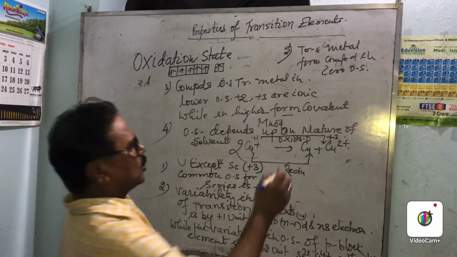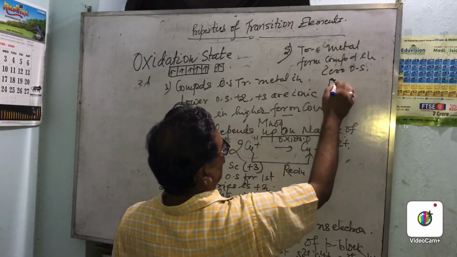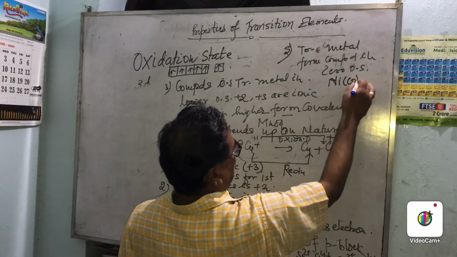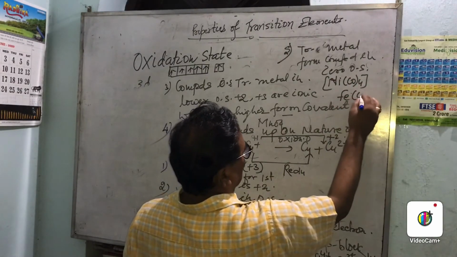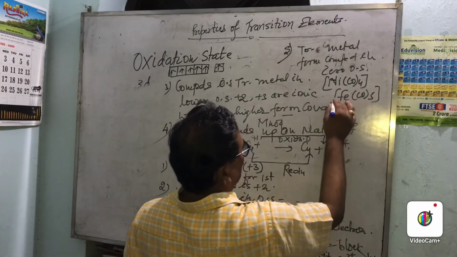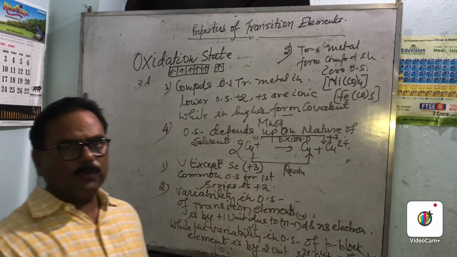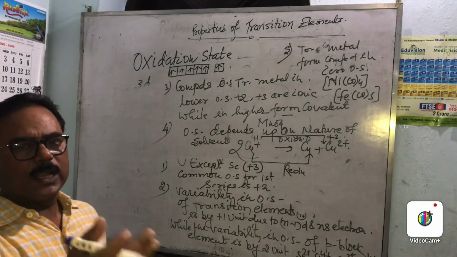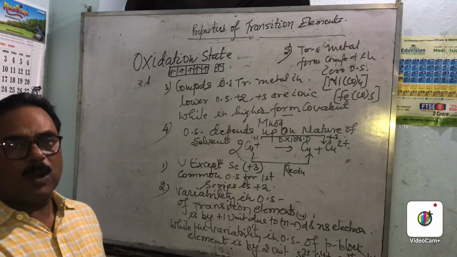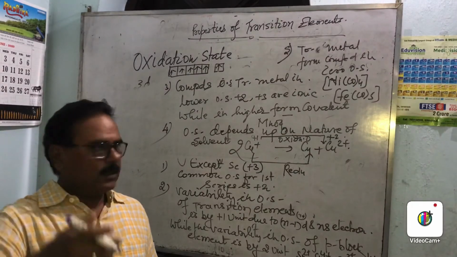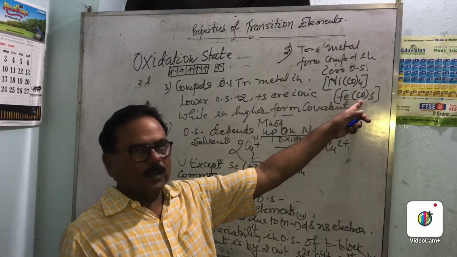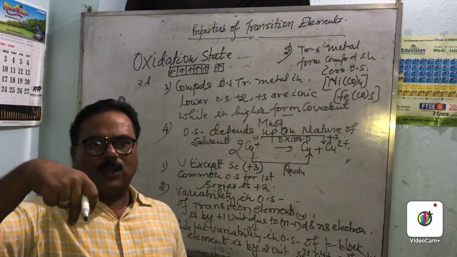Metal carbonyl bonds have zero oxidation. For example, tetracarbonyl nickel, Ni(CO)4. For example, Fe(CO)5. These compounds form a metal to ligand bond, and that is a sigma bond. And this ligand, the carbonyl CO, has a lone pair of electrons.